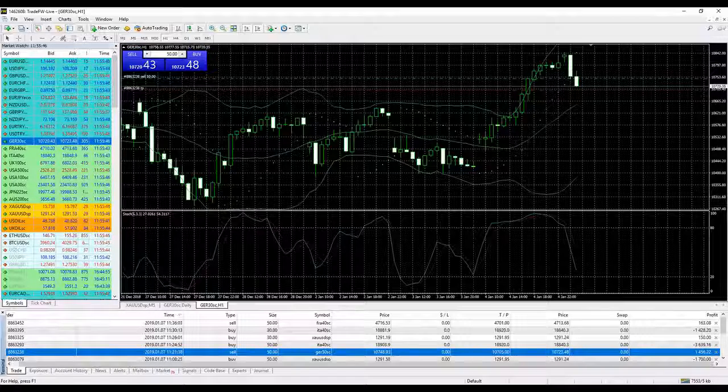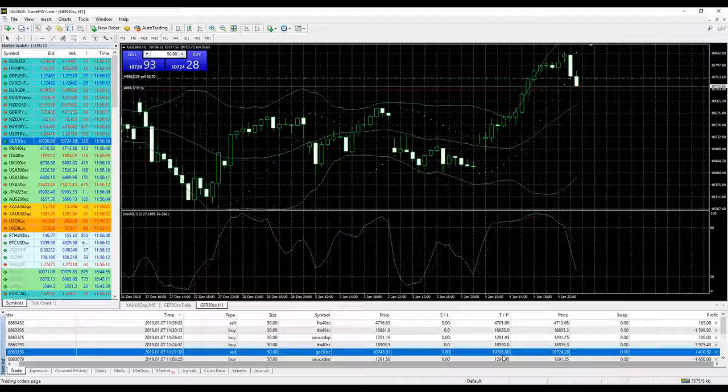I moved my take profit on DAX to 10,705. And I will put a positive stop loss on DAX. So if the market moves against me, it closes this position with a small profit. It's also nice. Right, guys? Yes.